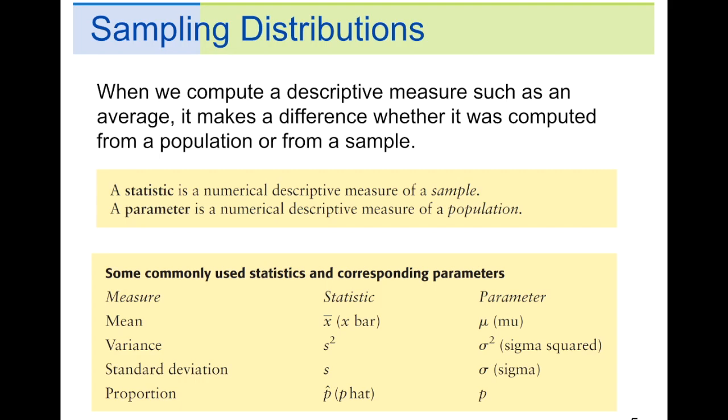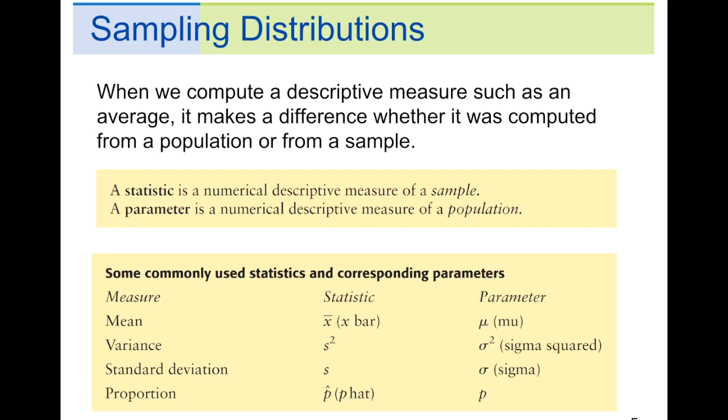Some commonly used statistics and corresponding parameters. So if we're dealing with a mean, for a statistic it's x-bar, for a parameter it's mu. Variance for a statistic is s squared, for a parameter is sigma squared. For standard deviation, for a statistic it's s, for a parameter it's sigma.